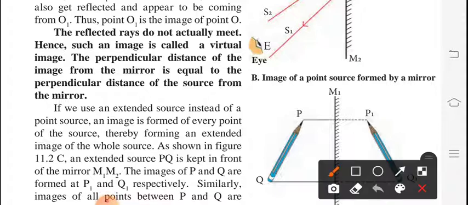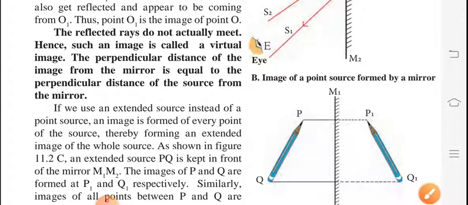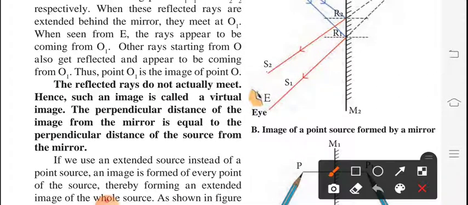You can observe here, these are the reflected rays which do not meet. So this image is a virtual image. The perpendicular distance of the image from the mirror is equal to the perpendicular distance of the source from the mirror.